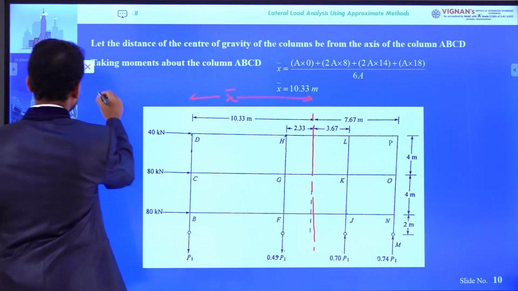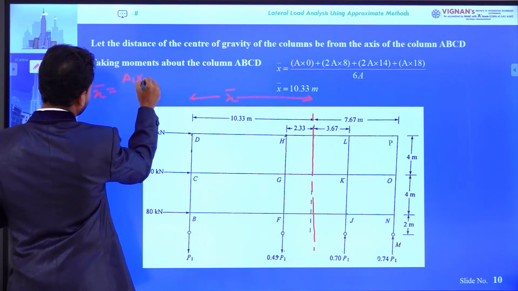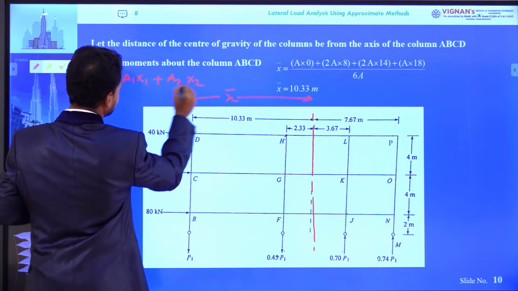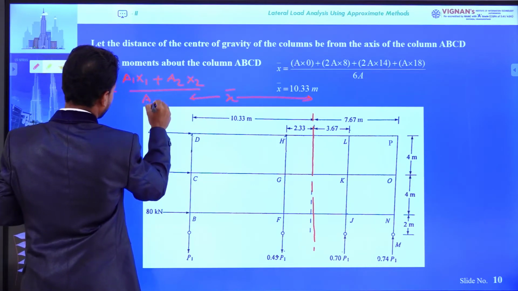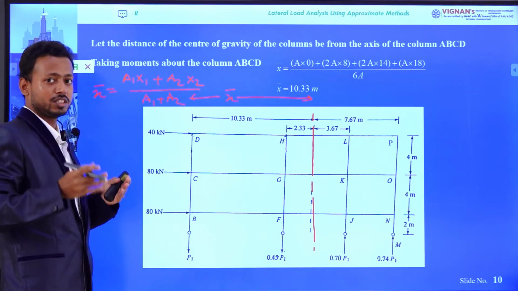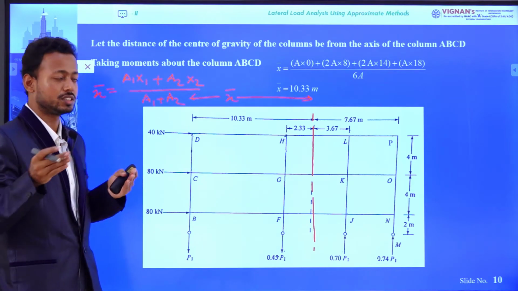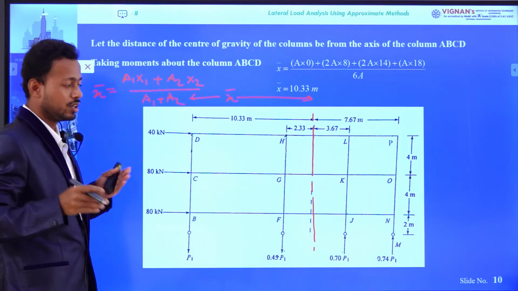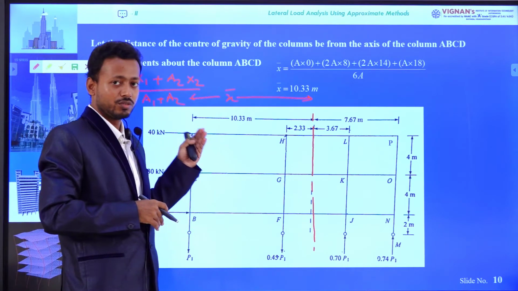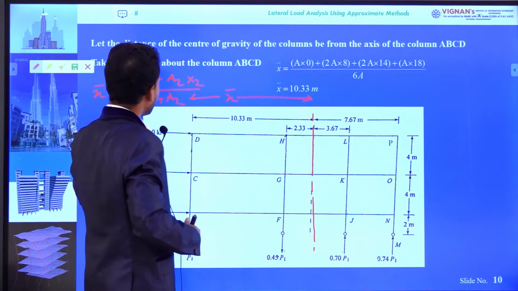You have used this formula in many cases, environmental engineering, structural engineering, geotechnical engineering. Here we will use the same formula to calculate the geometric mean.